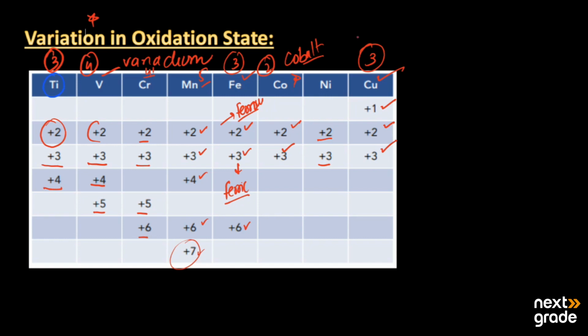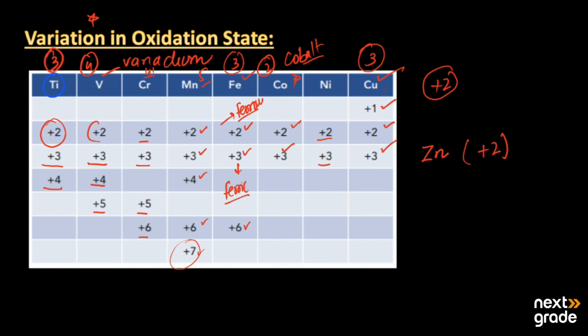Basically, when they show the plus 2 oxidation state, it means just 2 electrons are involved in the bonding. Zinc, which is a non-typical transition element, shows the oxidation state positive 2.